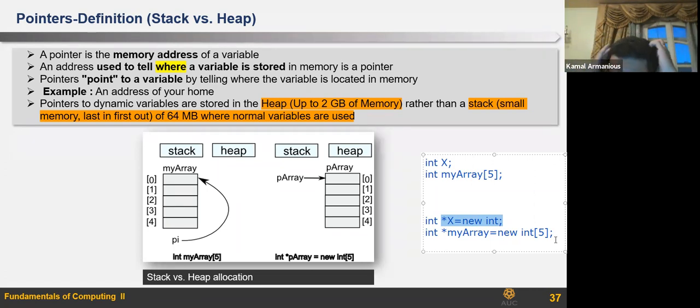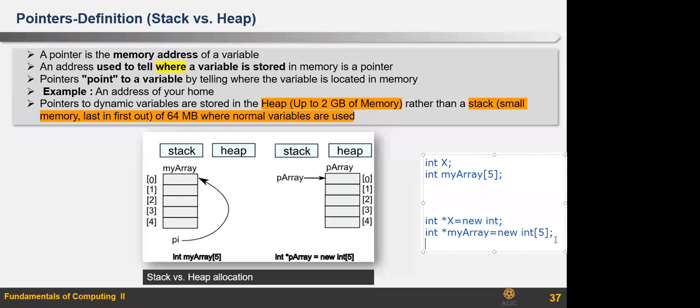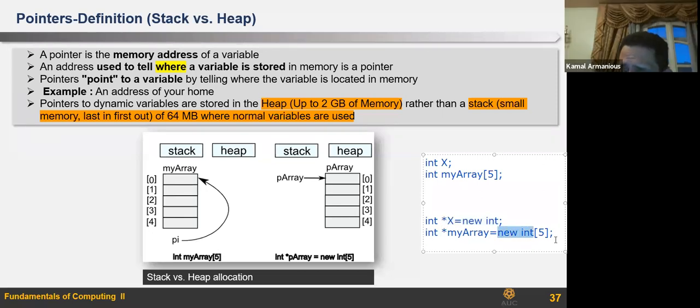In Arabic: reserve me a place in memory of 4 bytes and make x point to it. For this part, reserve 5 places in memory and let my array point to them. Okay, thank you.